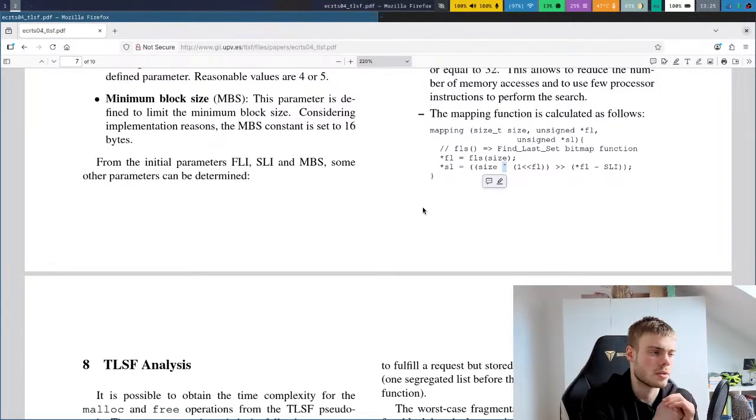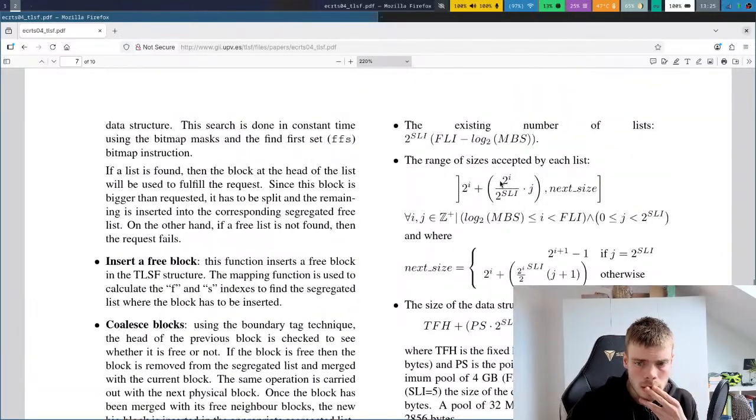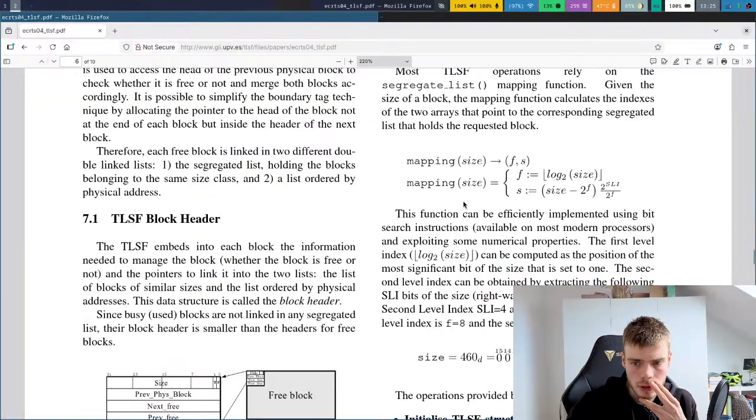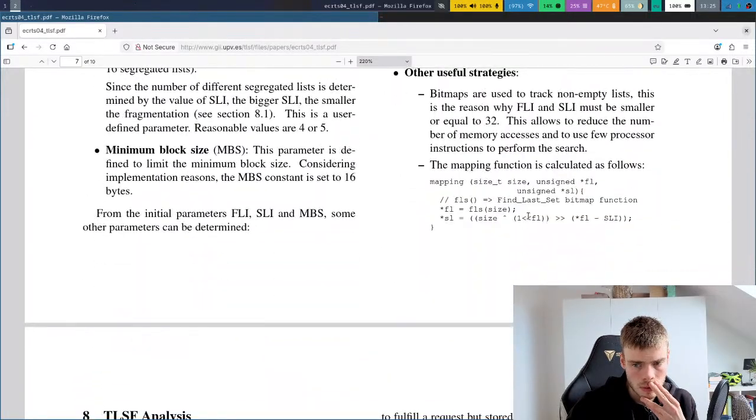Why are they using XOR? What is this? XOR, well, shifted. This is the subtraction.